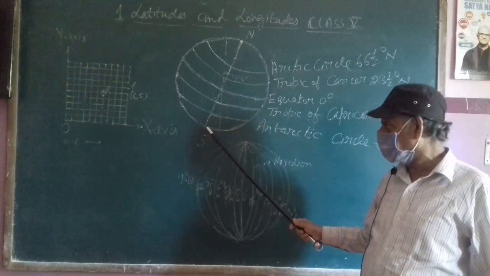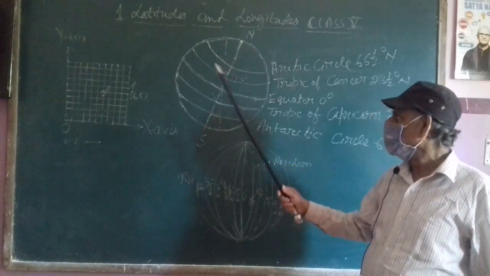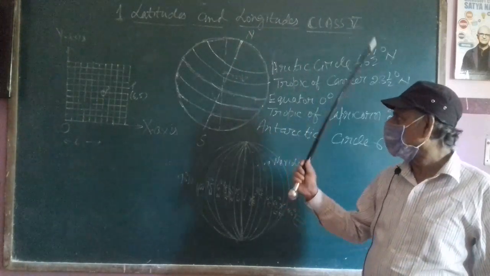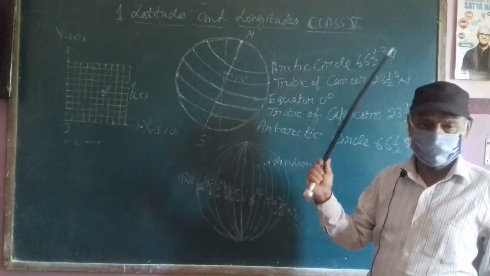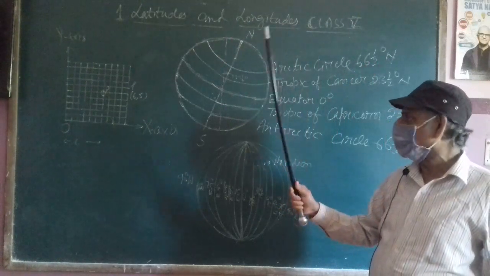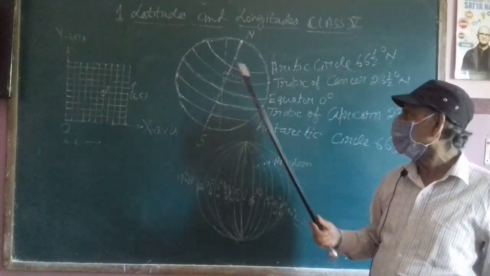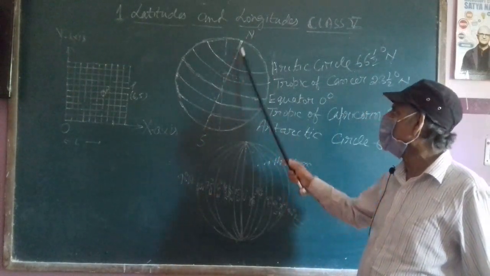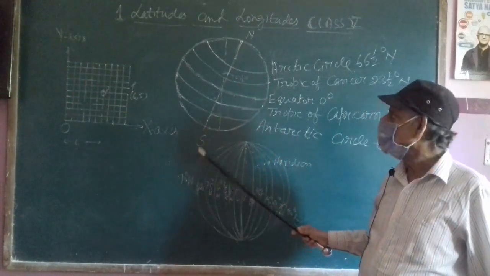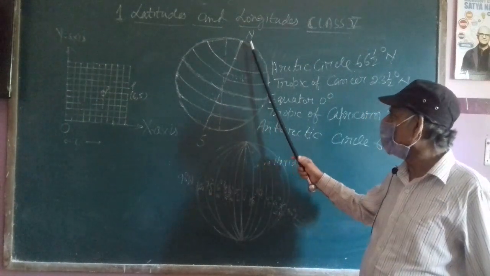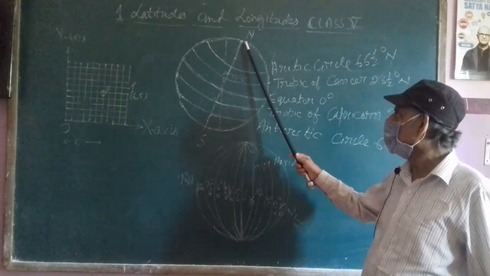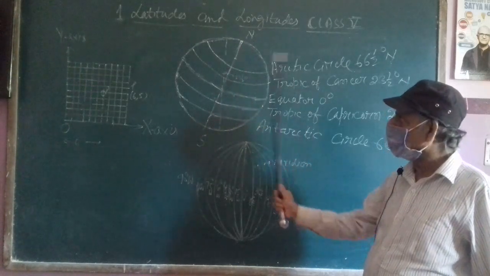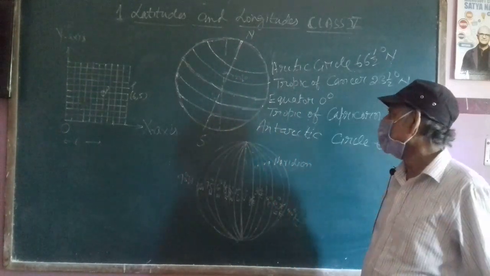The earth is spinning like a top, it spins like this, and this is called rotation of the earth. So this earth spins along the axis. This is called north and south pole. This is the topmost point and this is the bottommost point. So earth rotates along the axis.